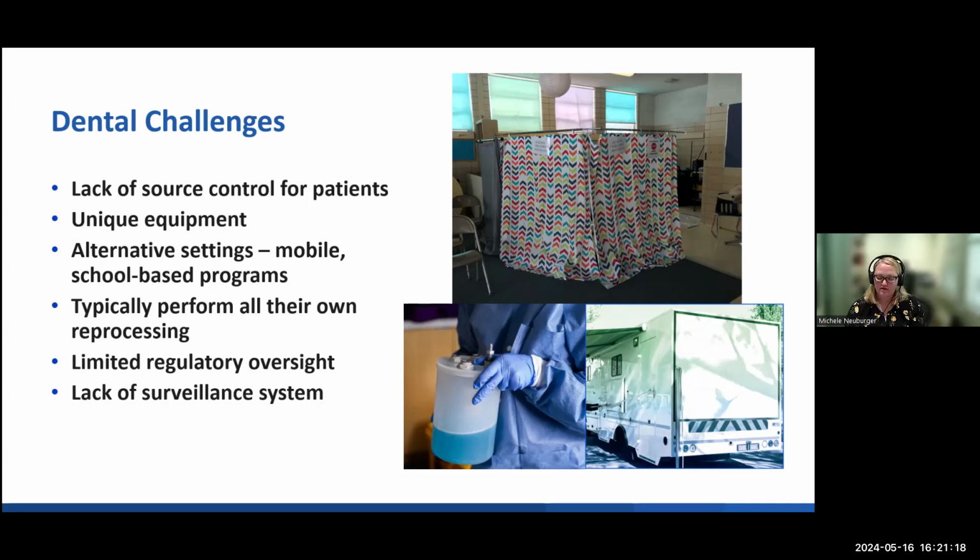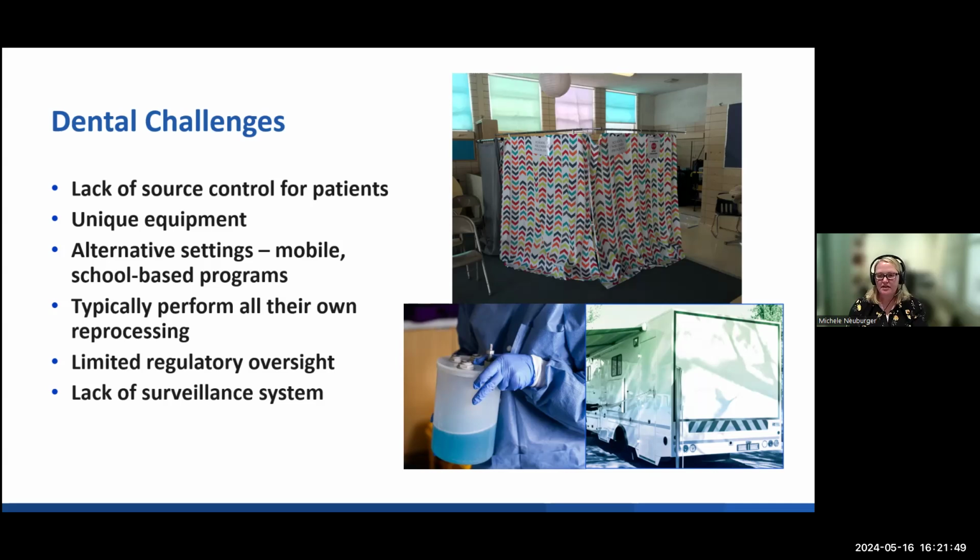There's not a lot of regulating bodies coming in and providing oversight. And also a lack of surveillance system, like we discussed. There's no reporting mechanism for infections and post-op infections in dental settings. So we're not looking for a lot of them.